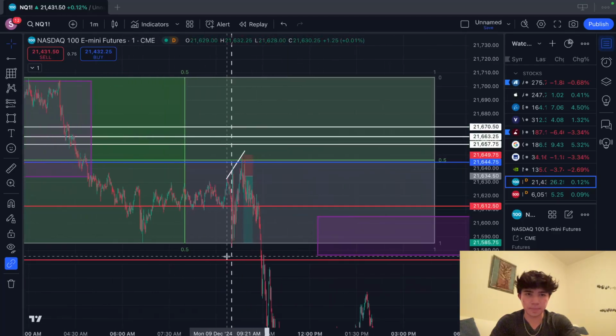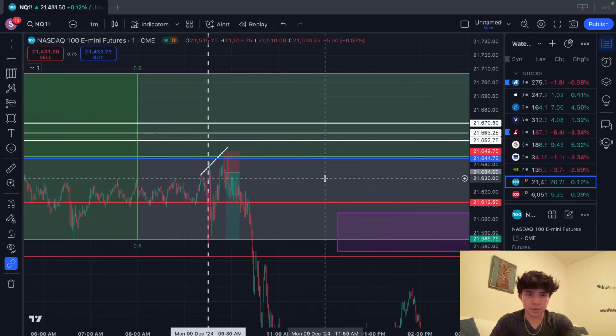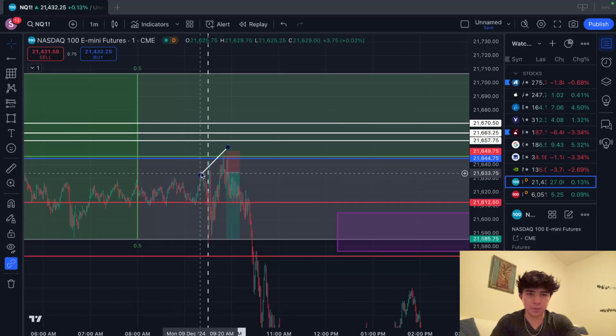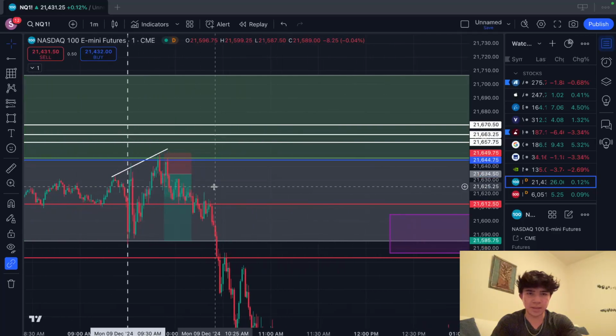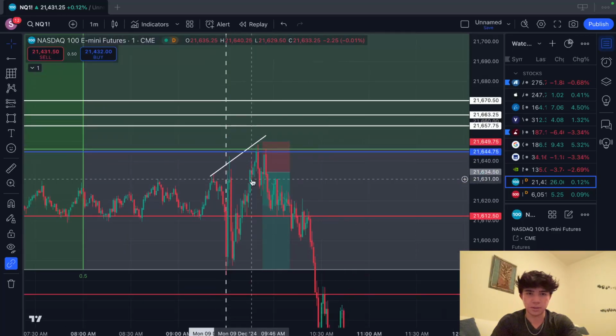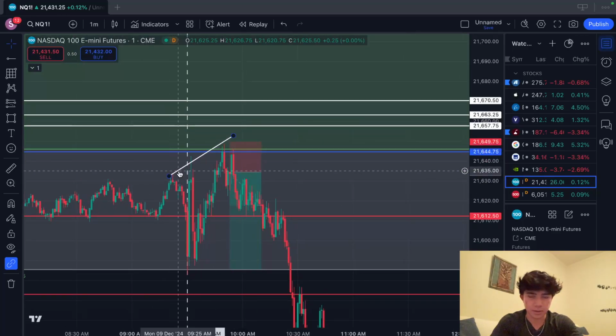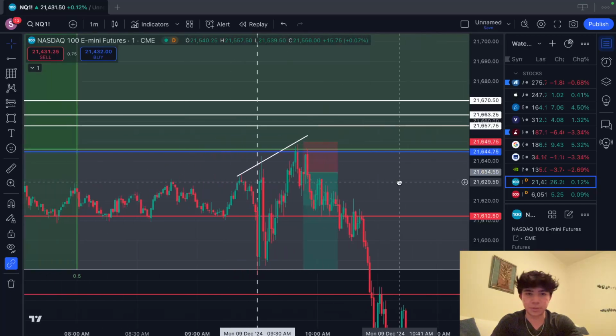We already saw price was in a retracement pre-market. We see this SMT, which is insane for us. This was honestly the biggest confluence for me to enter a trade, because of this lagging index right here.